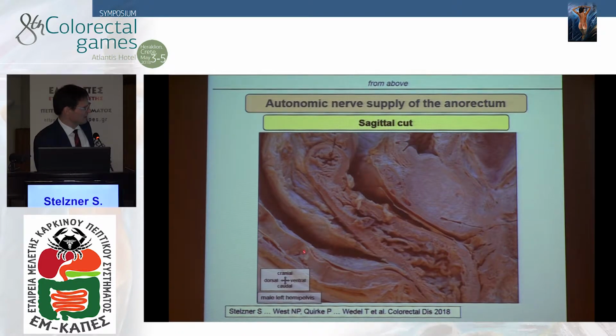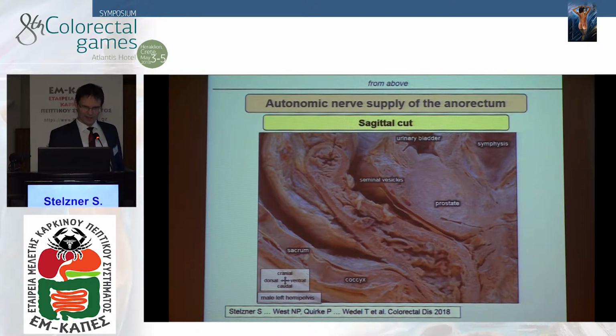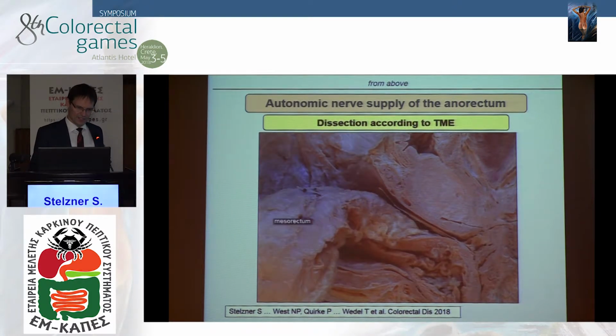This is a male hemipelvis. The sacrum is on your left side, symphysis on your right side. This is the prostate, with the urinary bladder above and the seminal vesicles. And again, we did a TME-like dissection.